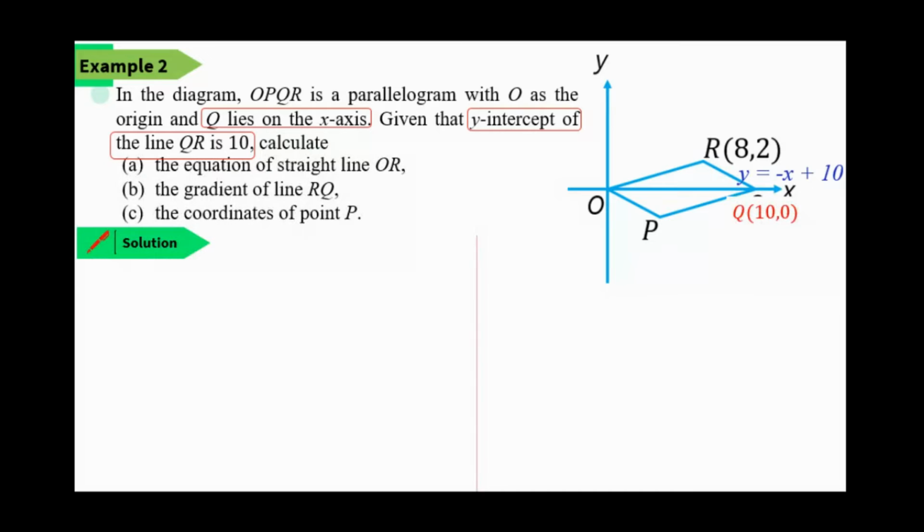Let's continue answering the question. Question A. The equation of straight line OR. From the diagram, we get the coordinate of point R. This is the distance of horizontal and vertical. So the vertical distance is 2 units, while the horizontal distance is 8 units.